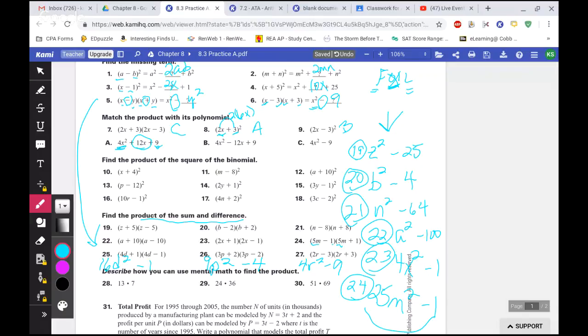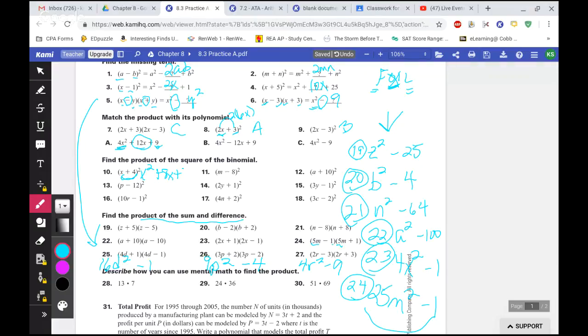So if I were doing number 10 and just applying the pattern, I would have x squared. And then the middle term is going to be 4 times x times 2. So that's going to be 8x. And then 4 times 4 is 16.